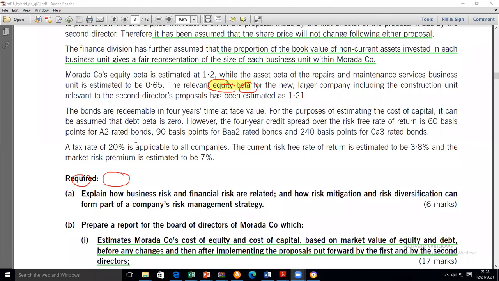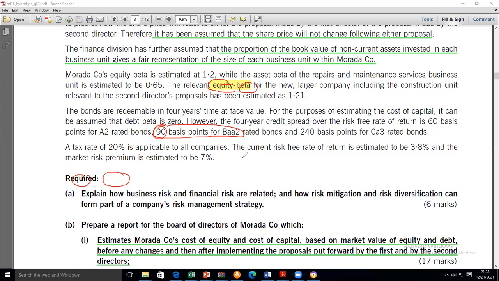For Ba2, what is the spread? That's where we are. So for Ba2, your credit spread is 90 basis points.